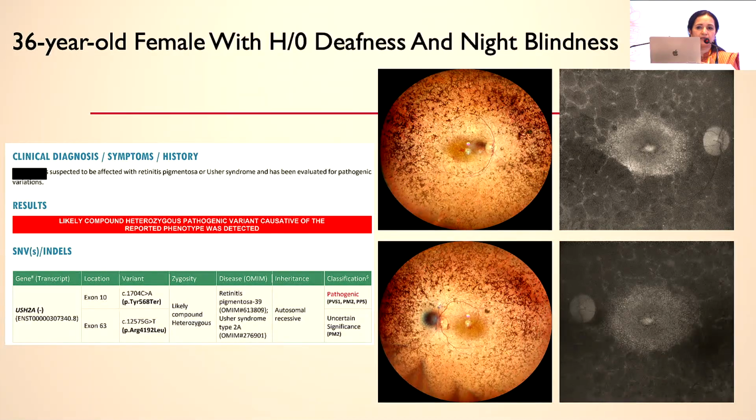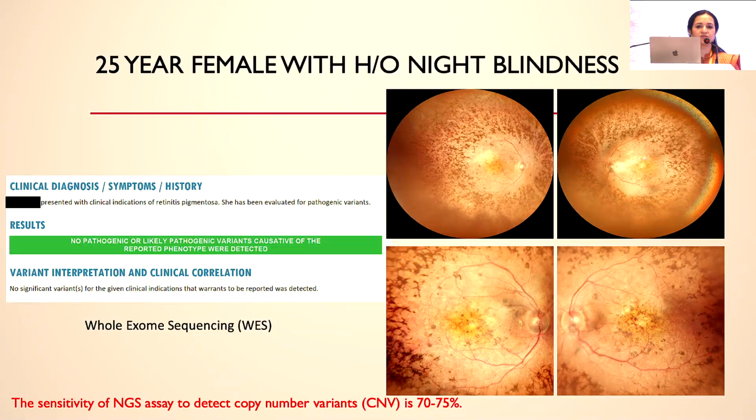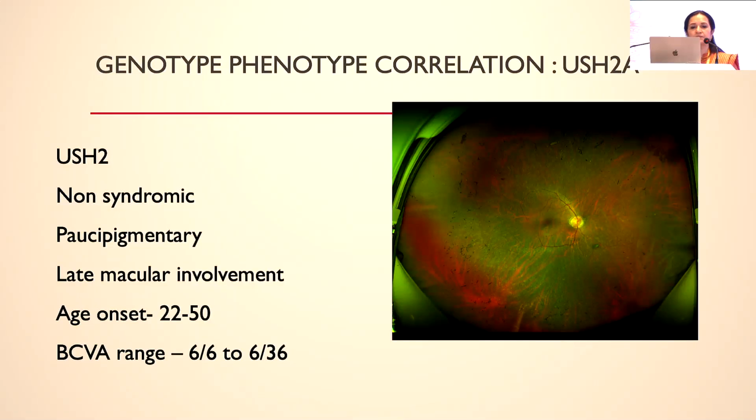Here is a typical case where the USH2A gene has been seen. This too is typical, but imagine the genetic testing is normal and not showing any variant. This does not mean that it is not RP; it may be a novel mutation which has not been seen till now. Another example was diagnosed as USH2A, but there was rapid progression.